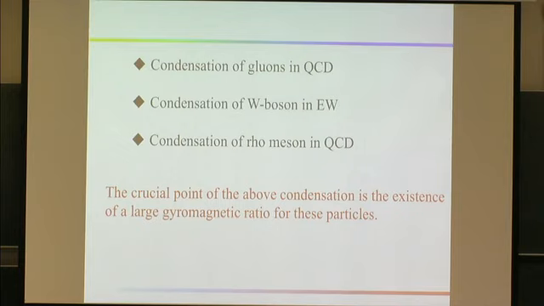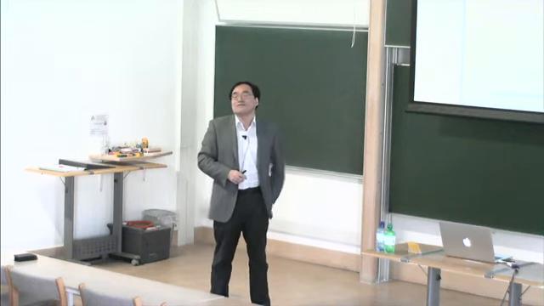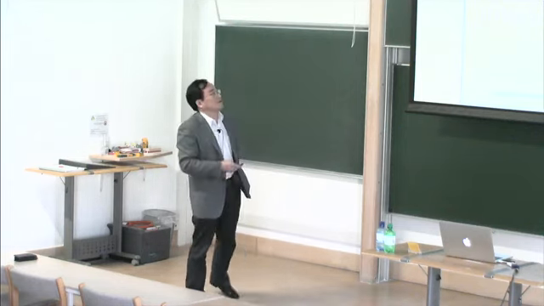Such condensation happens. The crucial point is the existence of a very large gyromagnetic ratio for these particles. The three condensations actually behave very similarly. This is from the point of view of particle physics.